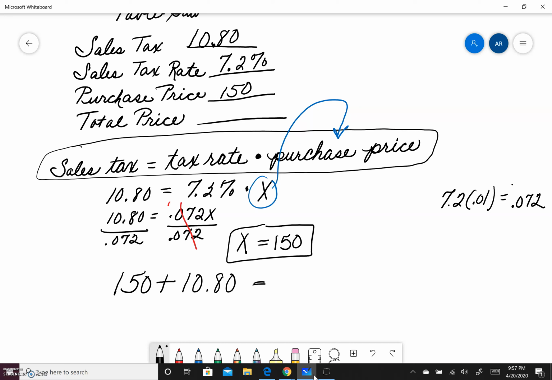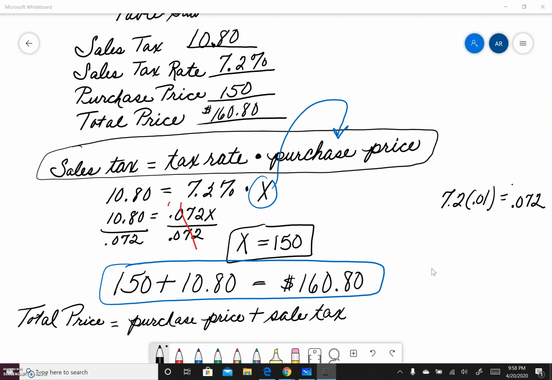So when I plug those into the calculator, I should come up with a value of $160.80. So that's my total price. And I just wrote the formula out for you. The total price equals the purchase price, which is $150, plus our sales tax, which is the $10.80.